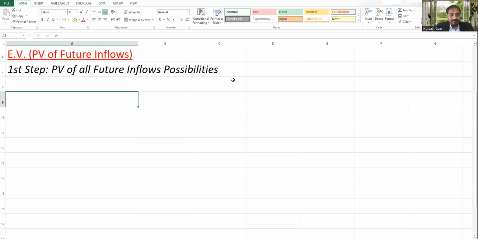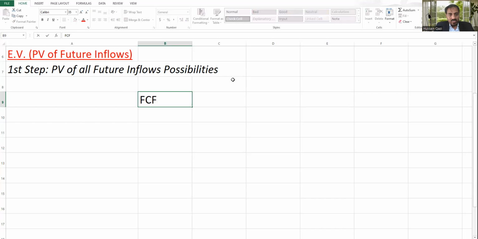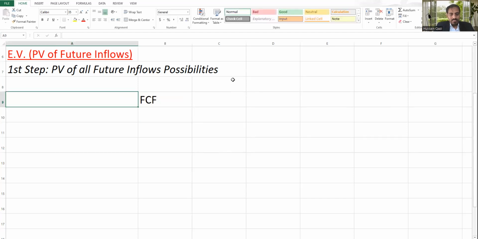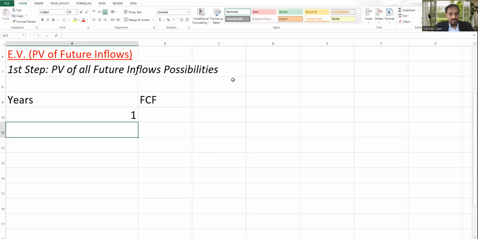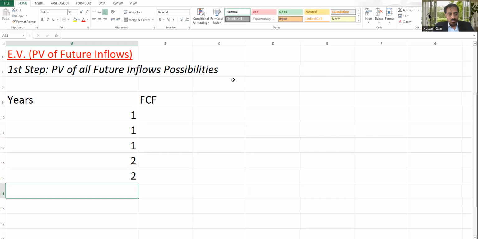For example, future cash flows: years 1, 1, 1, and 2, 2, 2.